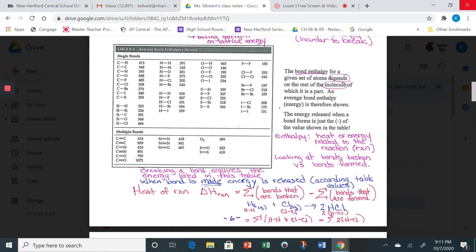Bio looks at things so strangely and sometimes incorrectly that you have to realize putting energy in breaks a bond, and you need to break a bond first. Then you can rearrange to make a bond later. Okay, so it is important to understand that.